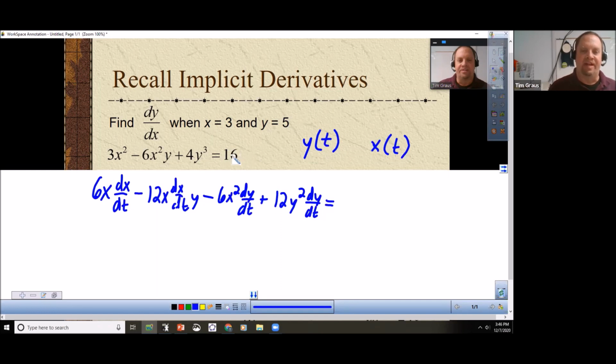The 16 doesn't have an x or a y, so its derivative is just 0. So we've just done an implicit derivative again, but this time treating x as an implied function and y as an implied function. We're saying that both of these are quantities that change with respect to this third variable, t.